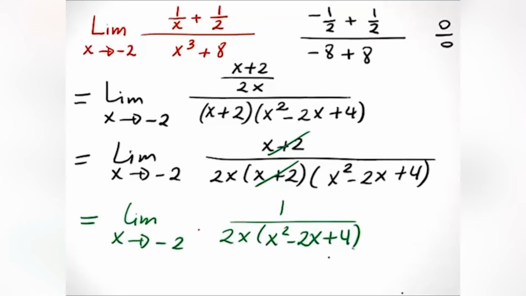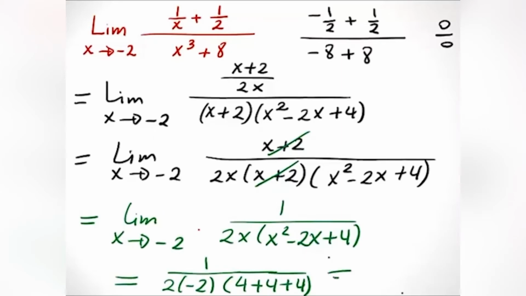It is not of the form 0 over 0, so I can just substitute negative 2 and find the value of the limit. It is equal to 1 divided by negative 2 times negative 2 times 4 plus 4 plus 4. So it becomes 4 times 12, which is negative 1 over 48.